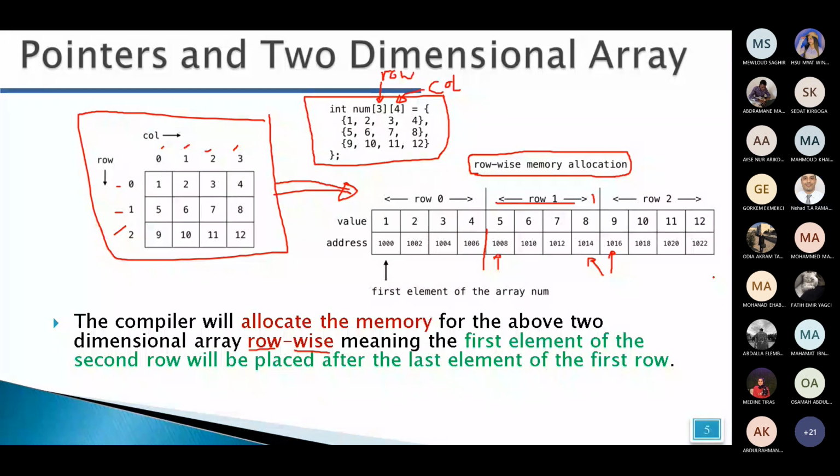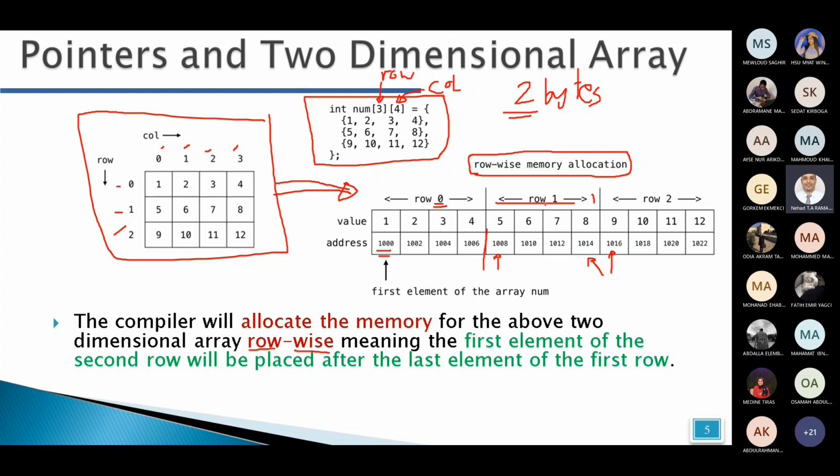and so on. So if we say this is an array of integers and the integer is 2 bytes, we can imagine, in some compilers it's 4 bytes, like my compiler. So if we imagine that the first element's index or address is 1000, second element 1002, third element 1004, fourth element in the first row, row index 0, 1006.